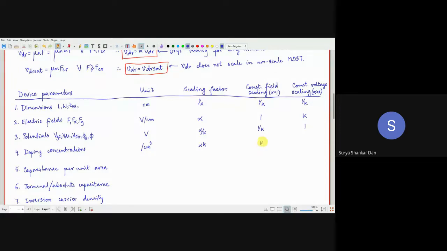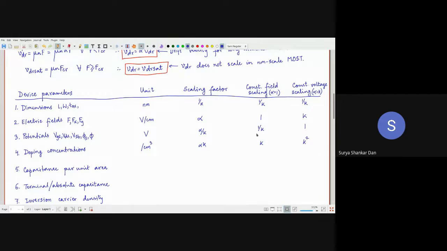So this is K. However, for constant voltage scaling, what will it be? K square. So clearly you can understand that if you are going by constant voltage scaling, you have to dope very, very aggressively in order to maintain the same electrostatics inside the device.